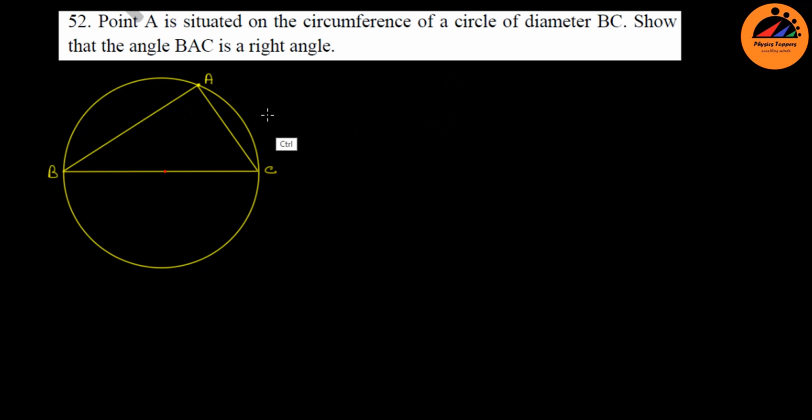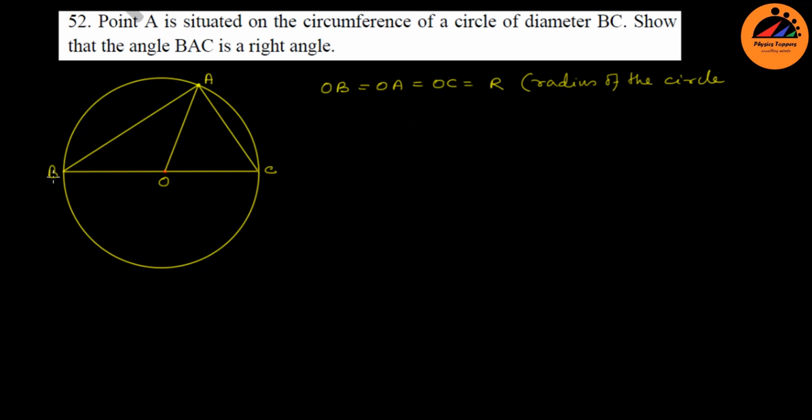Let me draw this line properly. Now I should mention that all the magnitudes, that means suppose this center is O, so OB is equal to OA equals OC is equal to R, the radius of the circle, right?